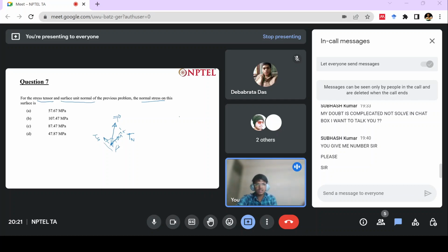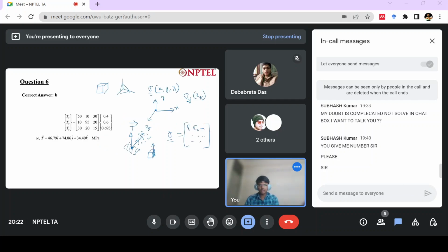So what is asked here? We are asked the normal stress. So what you have to do is basically find the component of this traction vector with respect to this normal. You can do that. So what was the traction vector? The traction vector is this 46.